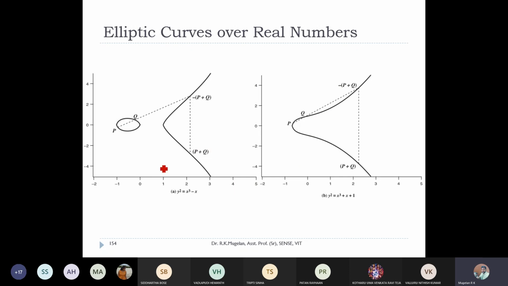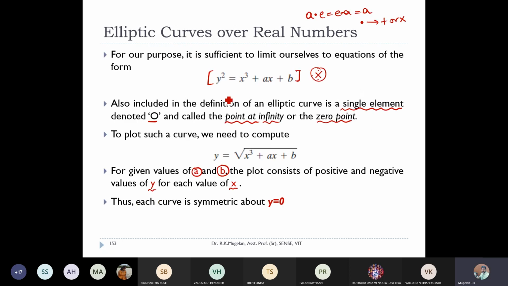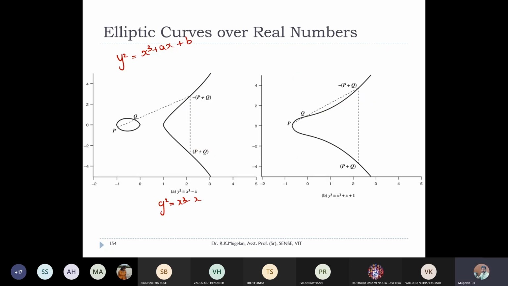For your understanding, here this expression is y square is equal to x cube minus x. So I hope you have the general expression y square is equal to x cube plus ax plus b. Suppose I substitute a equal to -1 and b equal to 0, I will get this expression.